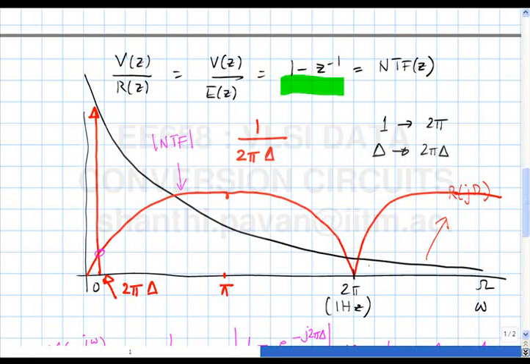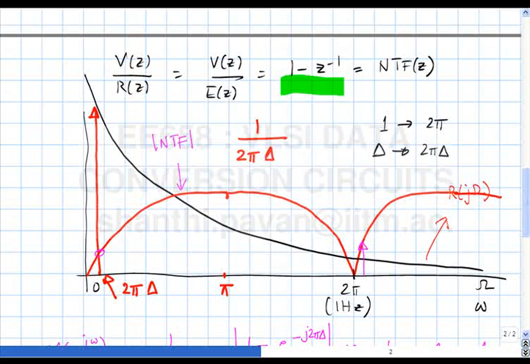So, where is 2 pi times 1 plus delta? It is just after the notch here.